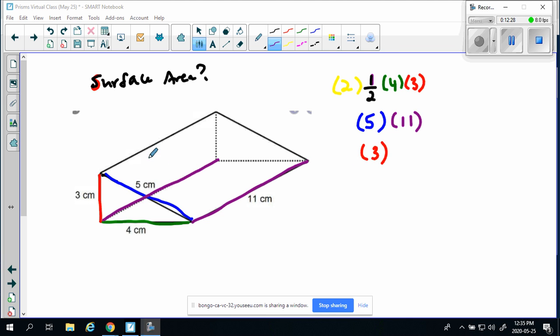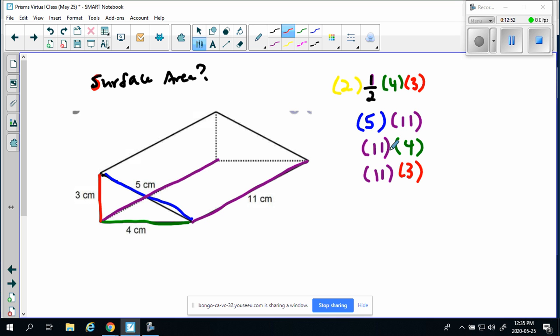So this face, the blue and purple face, and then there's the purple and green one. So I will go to the purple and green one instead. So the purple is 11 times the green is 4. And then this back face here is purple and red. So 11 and 3. And those are the 3 faces.